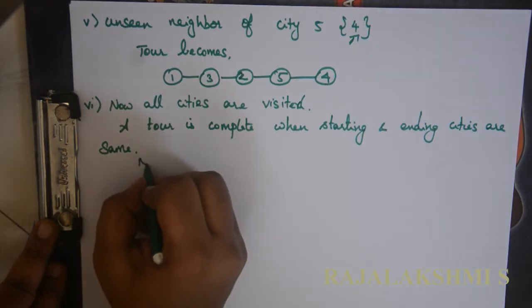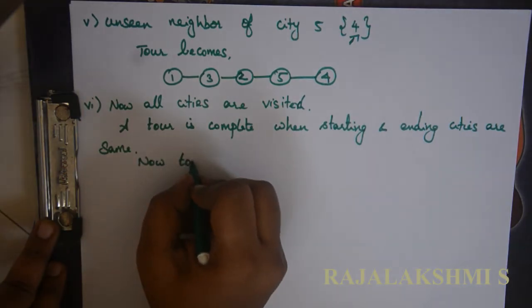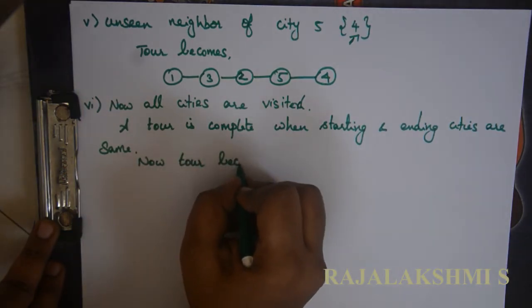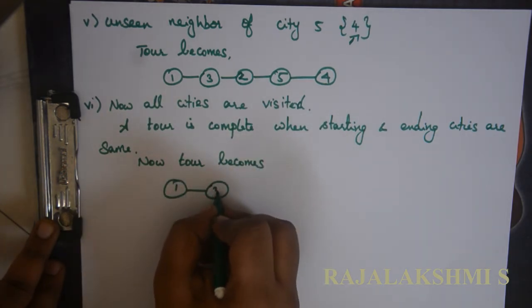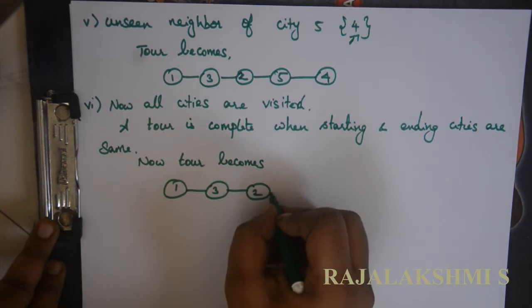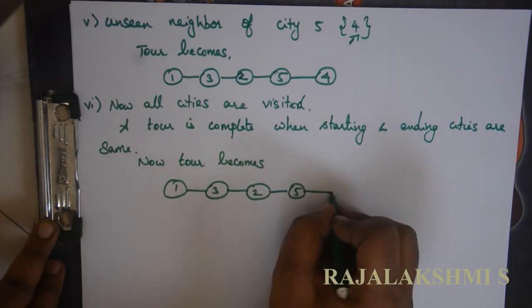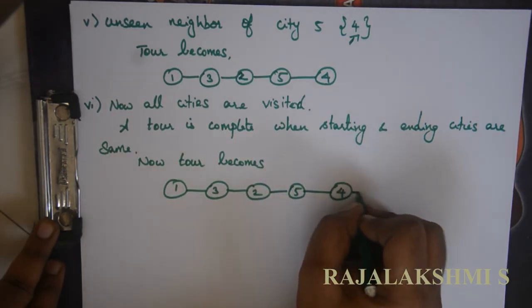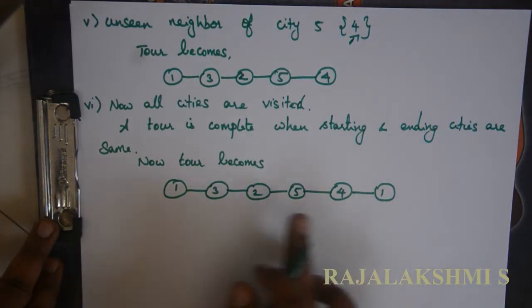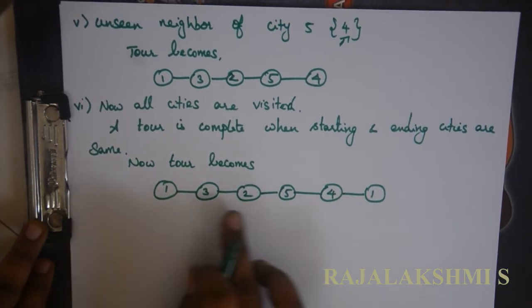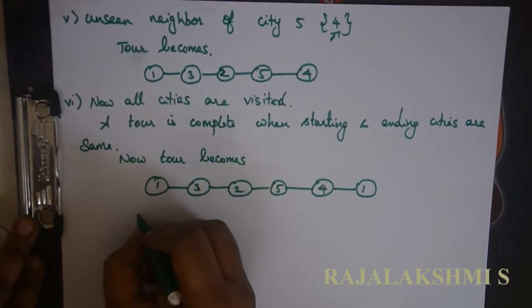So now the tour becomes 1 to 3, 3 to 2, 2 to 5, 5 to 4, and finally to 1. So in between the starting and ending city, all the cities have to be visited exactly once. Now find the length of the tour.